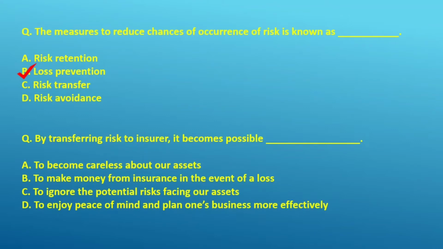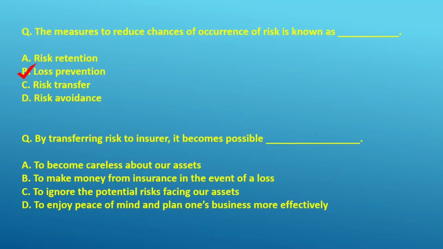Next is, by transferring risk to an insurer, it becomes possible dash. Let's say you have a shop and a stock of rupees 10 lakh in that shop. If it gets stolen or set on fire, what will happen? You suffer a loss. So what can you do?